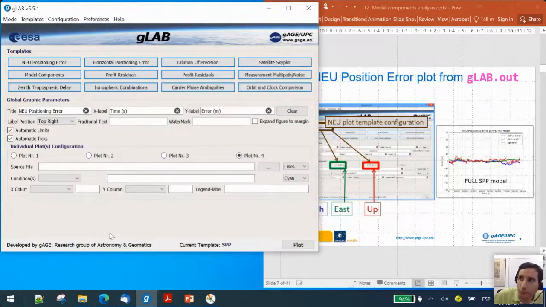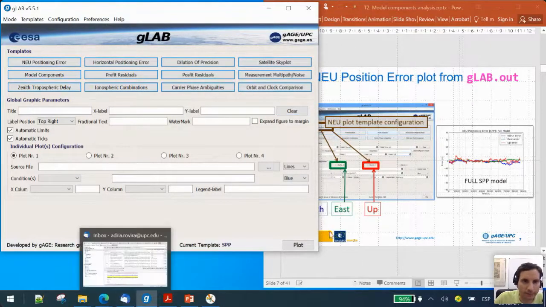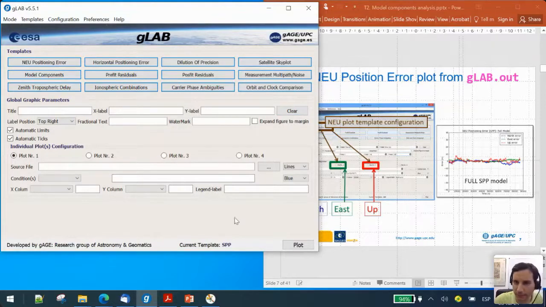This might look obvious now, but when we are doing more advanced plots, when we are departing from the templates, we will see that we need to understand a little bit how the plotting tool works. So this is just an introduction.